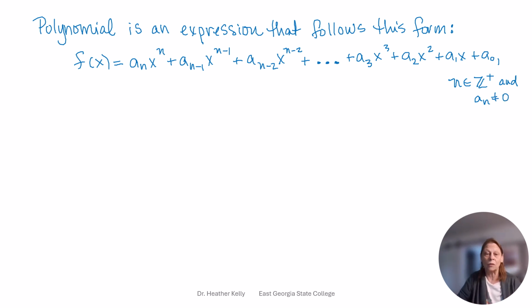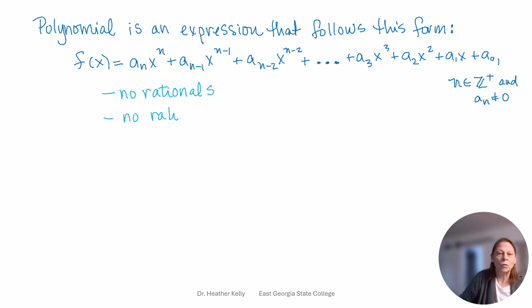Okay, so that's all the technical stuff, but this is basically the definition, and you guys have been seeing polynomials for a while. Basically, the main thing that we need to keep in mind here is that there are no rational exponents.